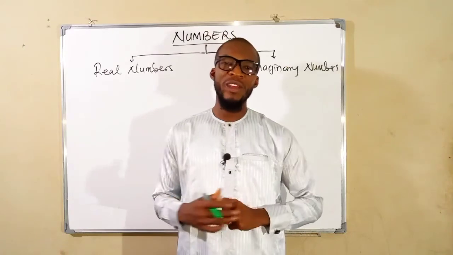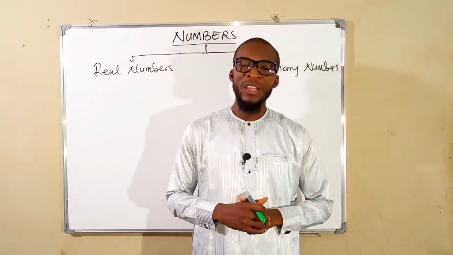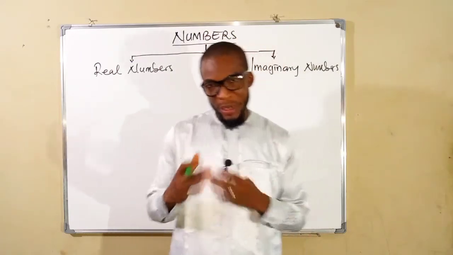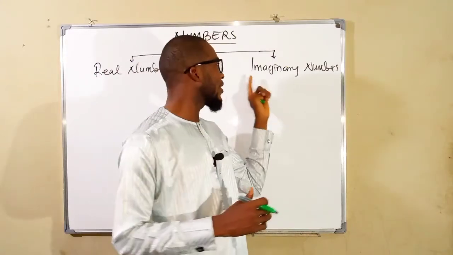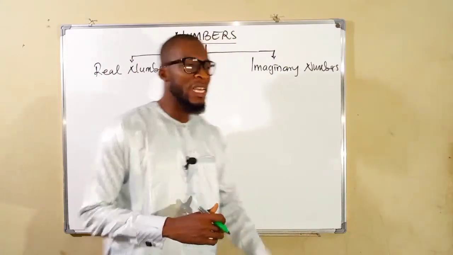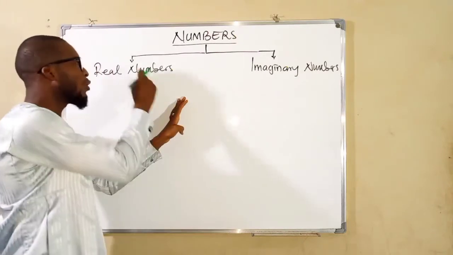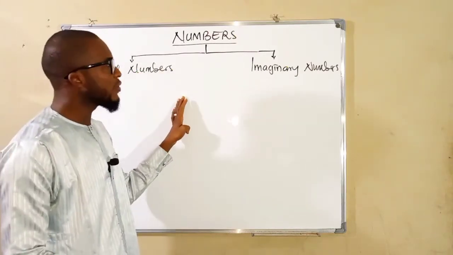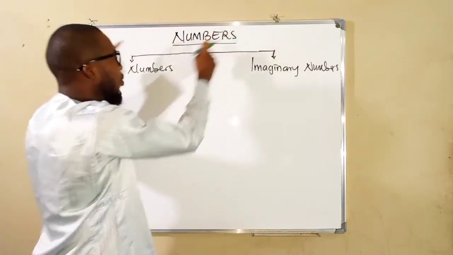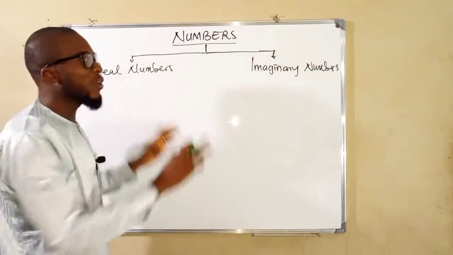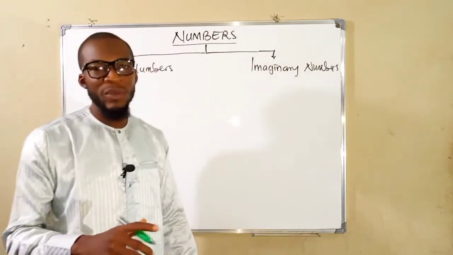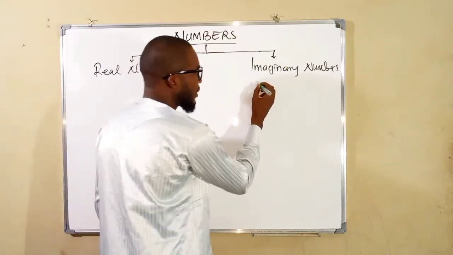That number is a real number. So, if every number you can think of is a real number, what about imaginary numbers? Imaginary numbers are the complement of real numbers because they are numbers, but they are absent here. So we call them imaginary. And in mathematics, they are denoted by i.